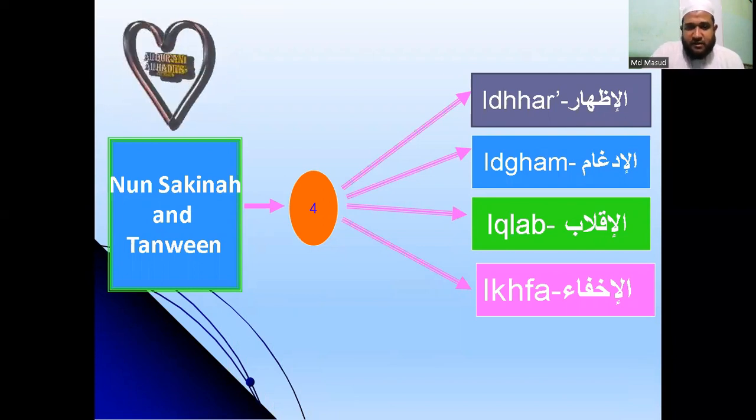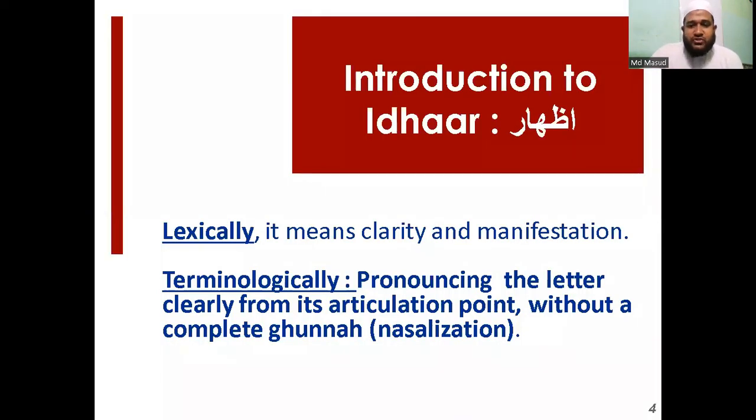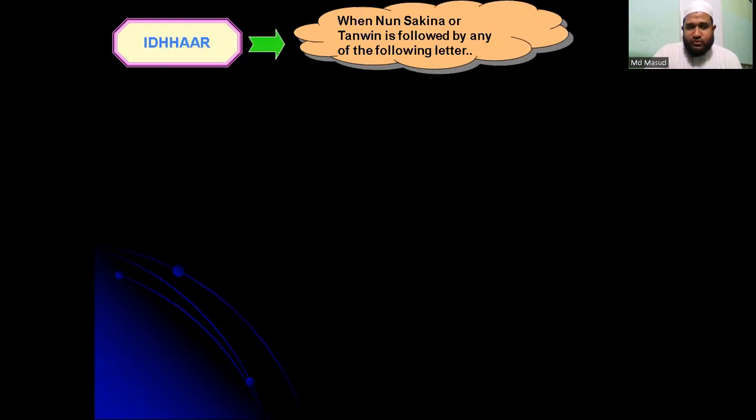The first is izhar. Introduction to izhar. Al-izhar is an Arabic word and lexically it means clarity or manifestation. But technically, it means pronouncing a letter clearly from its articulation point without a complete ghunna. So we follow the izhar rules when Noon Sakin or Tanween is followed by any of the following letters.